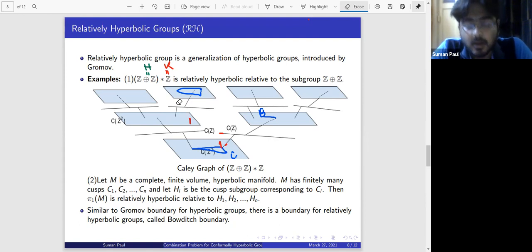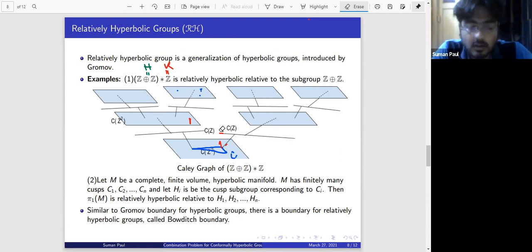By notation, this group is called a relatively hyperbolic group relative to the subgroup Z direct sum Z, because we hyperbolize the subgroup Z direct sum Z. I would like to mention that there are 3 or 4 definitions of a relatively hyperbolic group.